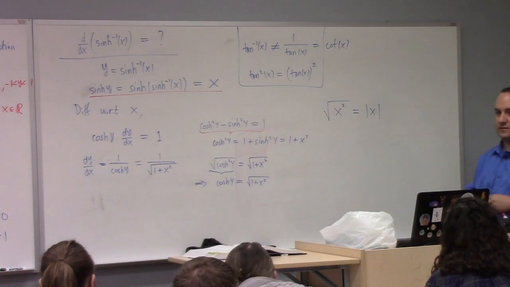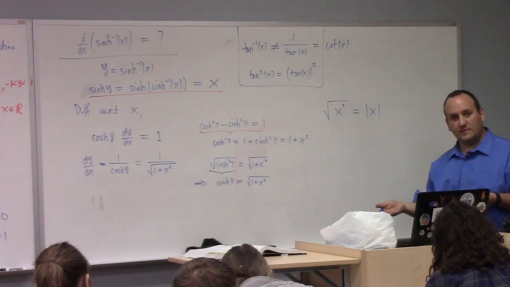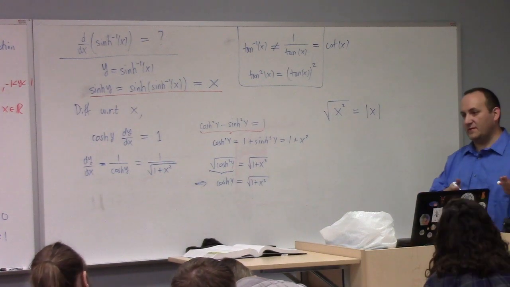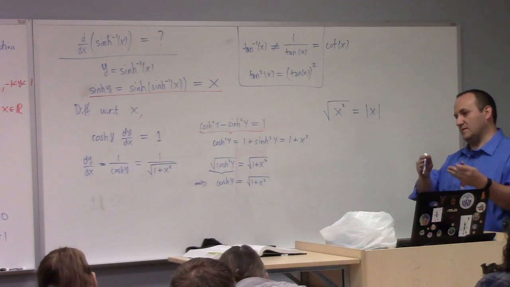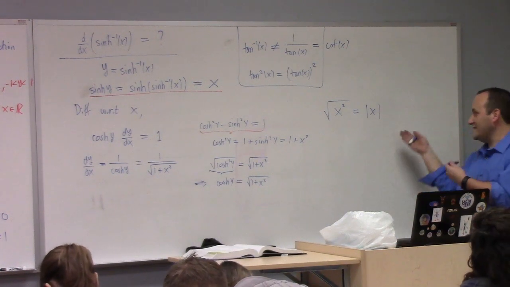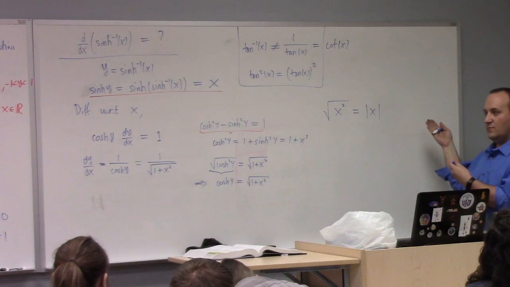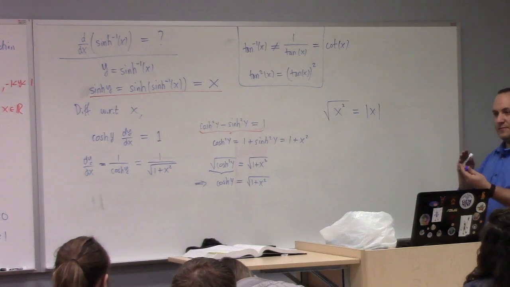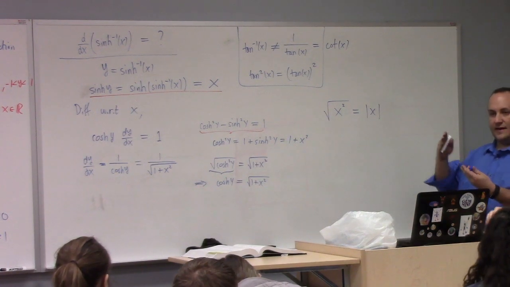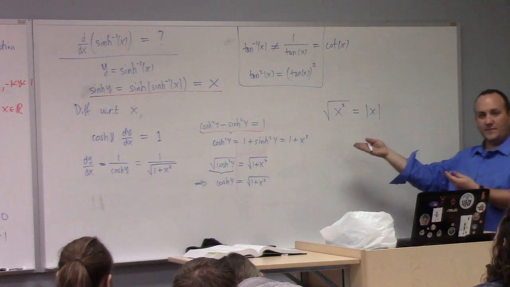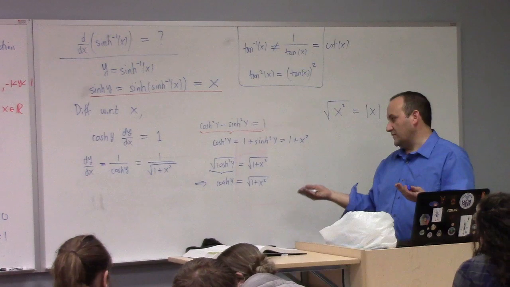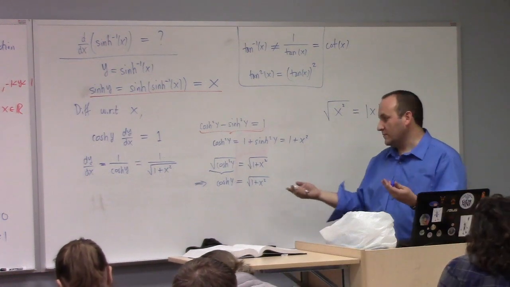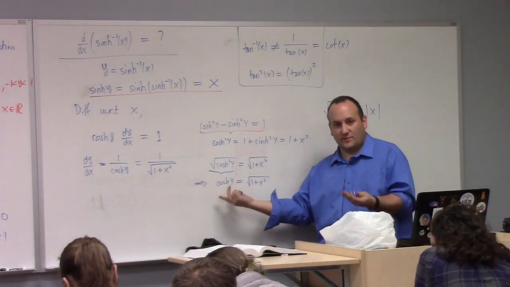If I took the square root of minus 5 squared, minus 5 squared is 25, and the square root of 25 is 5, so it comes out to minus x in that case. So it's the absolute value of x. But why don't I have to worry about that? What do we know about hyperbolic cosine? It's always positive, right? So the absolute value of hyperbolic cosine is always hyperbolic cosine. So there's no loss here by simplifying that to cosh y. It's correct.